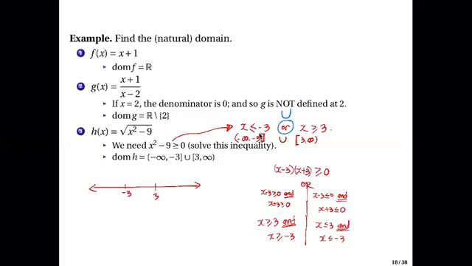This x less than or equal to negative 3 means that we are taking all the x's on this blue ray. And for this x greater than or equal to positive 3, we are taking all x's starting from positive 3 going to the right.